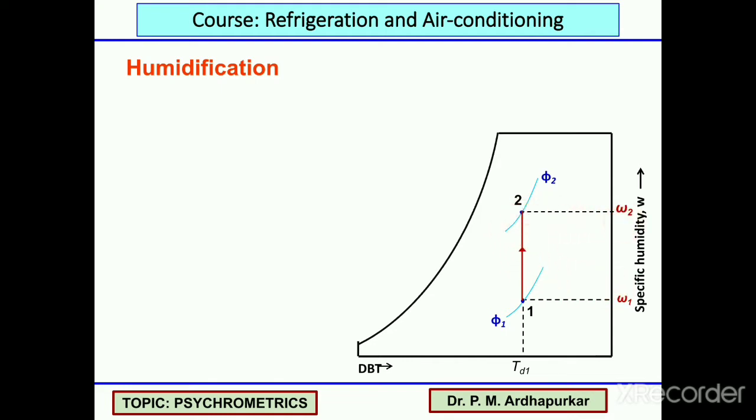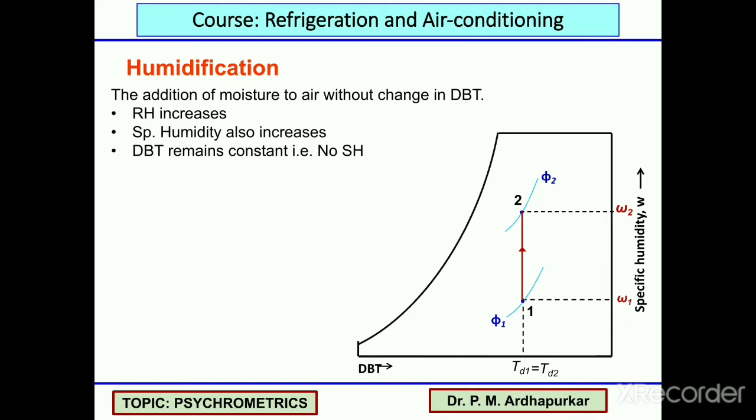Since you are adding water vapors to the air, it is a humidification process. Relative humidity is also going to increase from phi 1 to phi 2. Phi 2 is more than phi 1 and it's a constant temperature process, since there is no sensible heat added to the air or removed from the air.